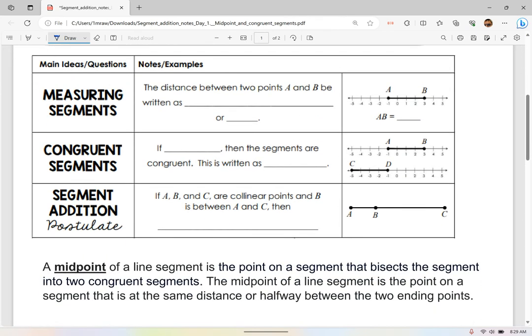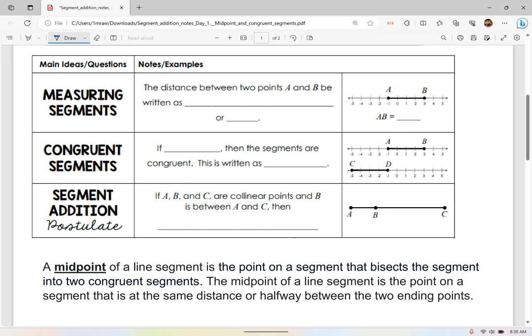Measuring segments is finding the distance between two points A and B, written as the length of AB. We would use that when doing our line measurement. Sometimes we would count on our line measurements. You can pause for a moment and count if you want.